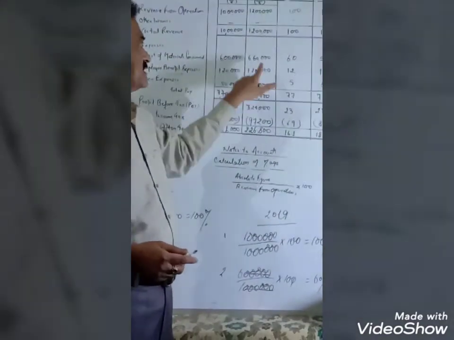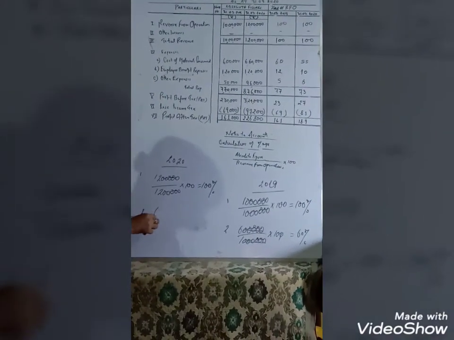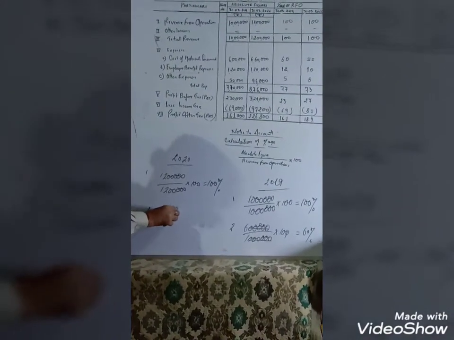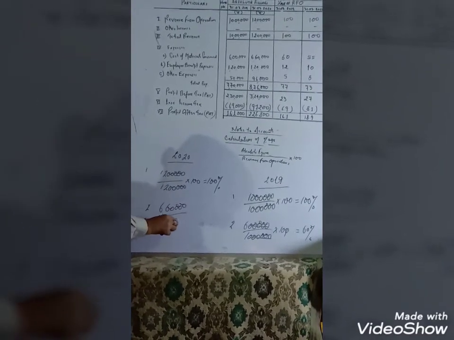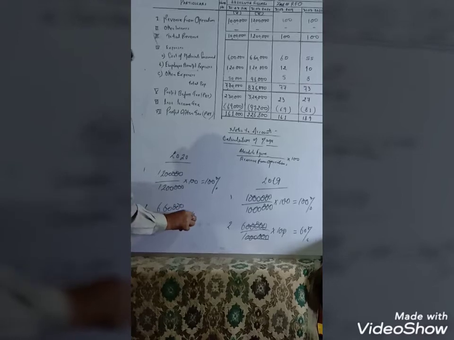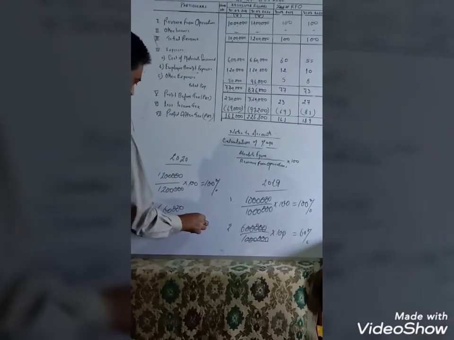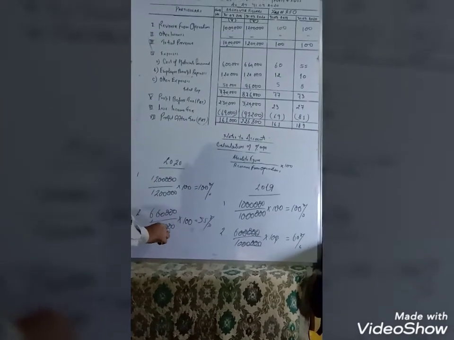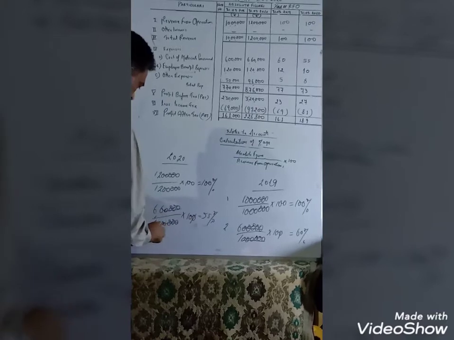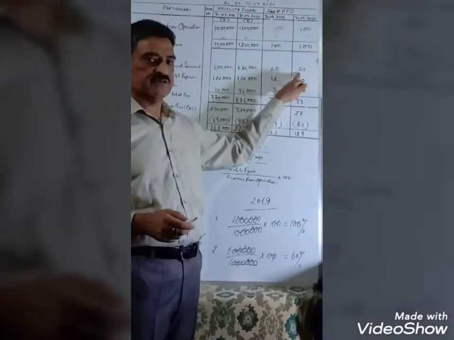Now cost of materials consumed, this is 6,60,000. 6,60,000 divided by 12 lakh multiplied by 100. So this works out to 55%. So we have to mention here 55%.